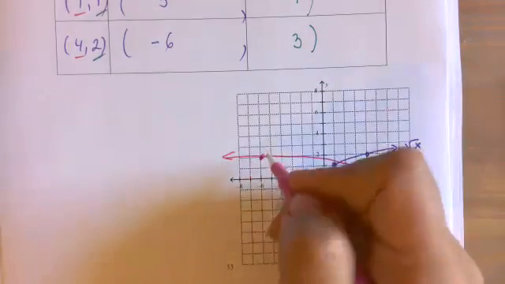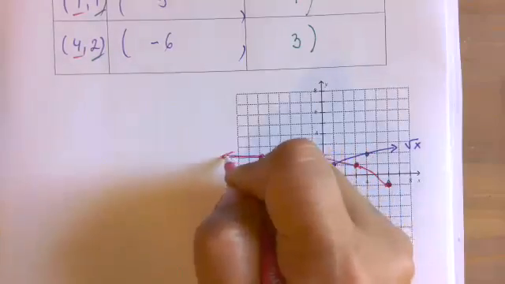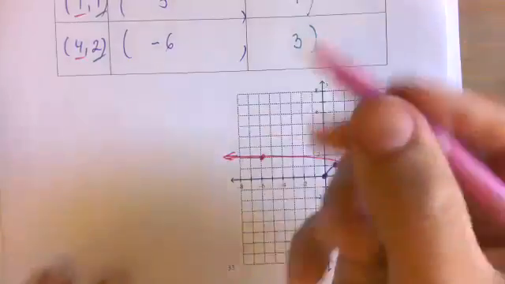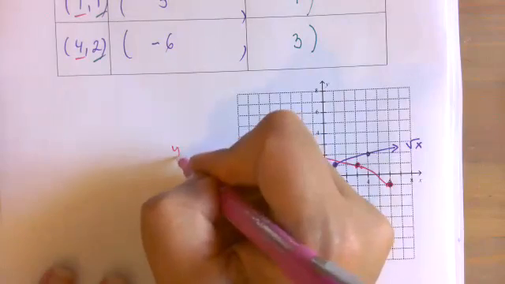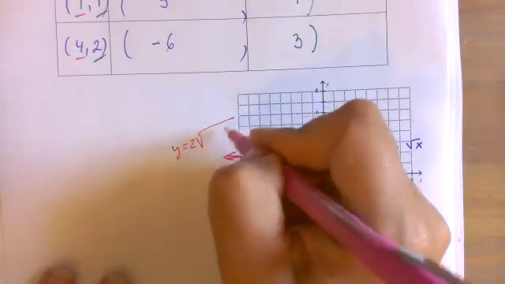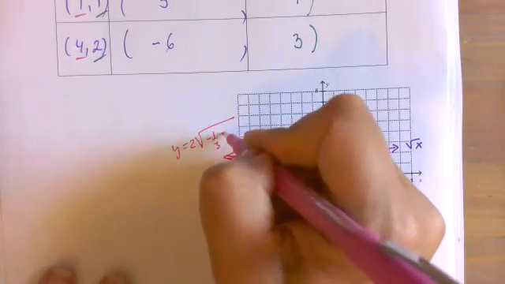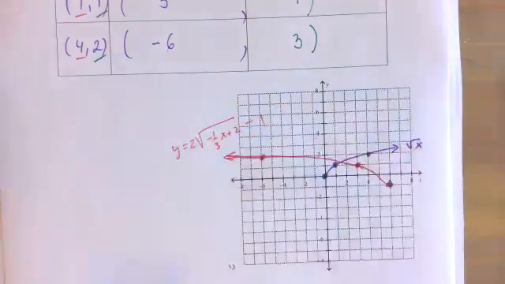And that is the graph of y equals 2 square root of 1 over 3x plus 2 minus 1.